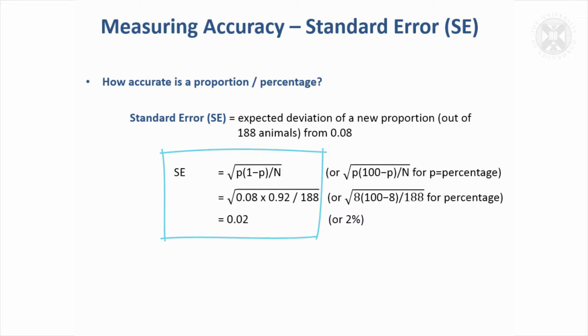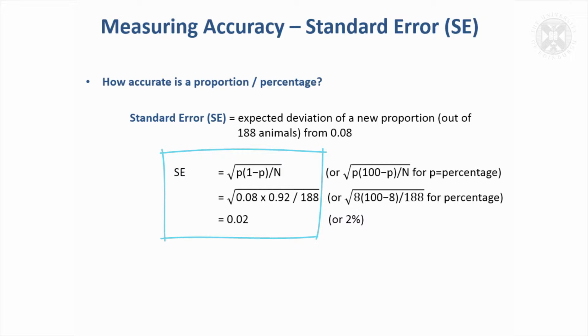And if we do that for the proportion of diseased calves, we had 0.08 calves were diseased, so we multiply it by 1 minus 0.08, 0.92, divide by 188, which was our sample size, total number of calves, and take the square root, we end up with a standard error of 0.02.